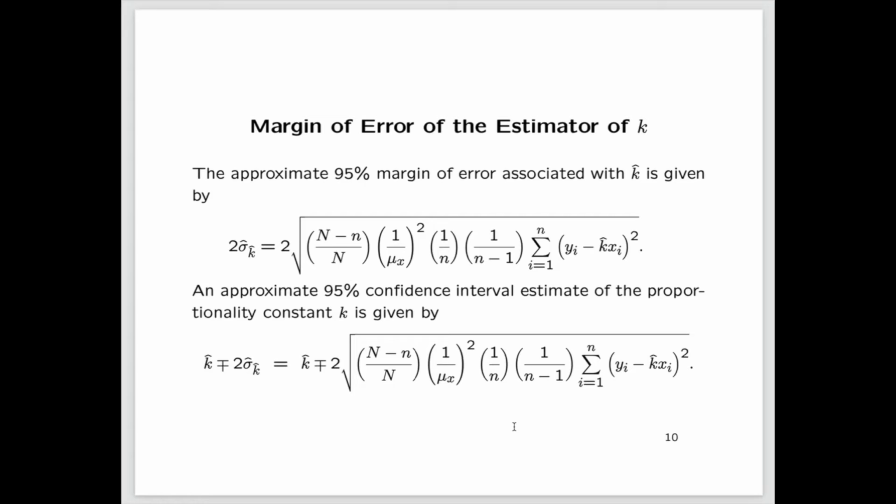So when we do that, we obtain our approximate 95% confidence interval estimate for k. Again, in some situations, it may be of interest to come up with a confidence interval for this proportionality constant k, and if so, this is how we could do it.